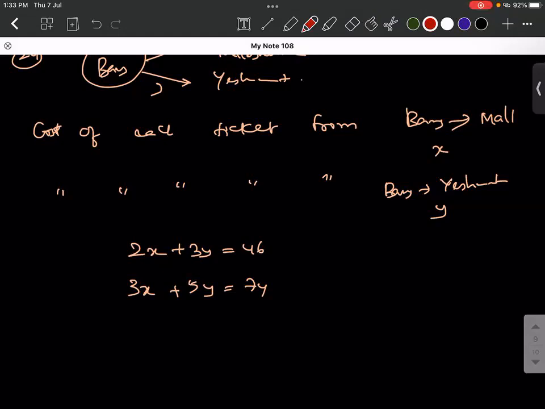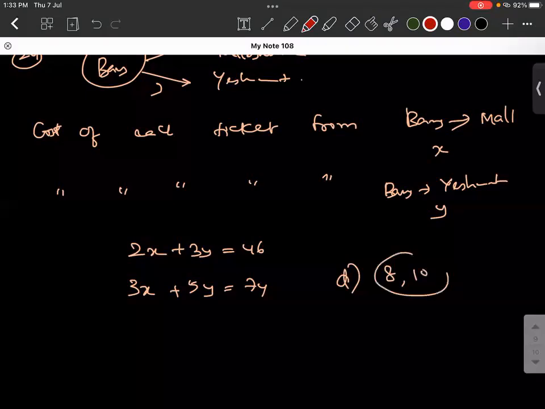Which one? 8 and 10. Option D. 8 rupees and 10 rupees. Right?